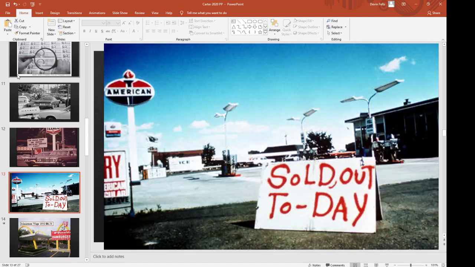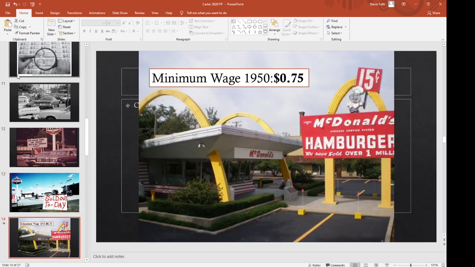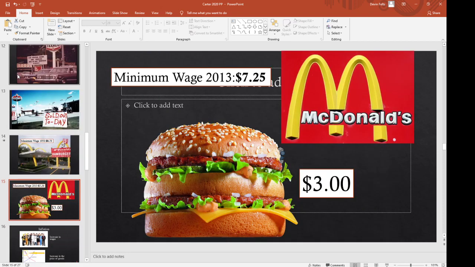So when you would go to the gas station, most gas stations would be empty. If you went to McDonald's, for example, and you wanted to get a dollar burger, that dollar burger was probably $4 or $5, just because now it's hard to get the products that you need to make the burger. And as a result, most products are more expensive.